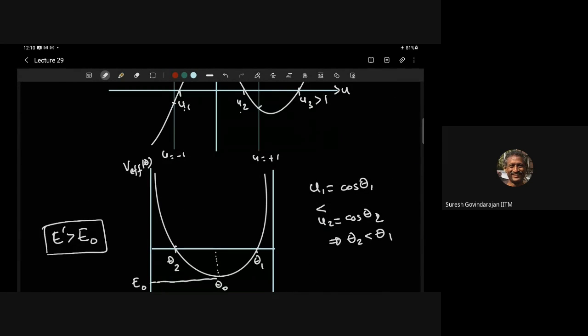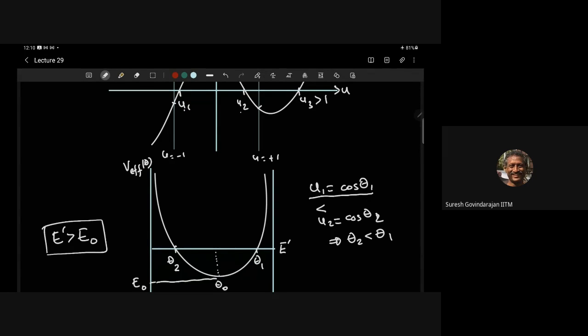A generic curve looks something like this, and again we want the zeros of that thing. This is the value of E, say E prime. I have drawn this curve for E prime, the horizontal line. It will intersect the curve at theta 2 and theta 1. Why is that?